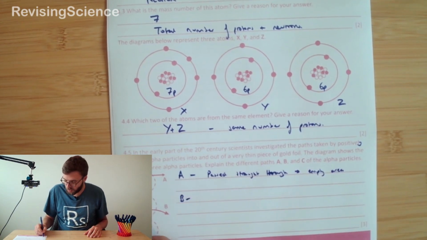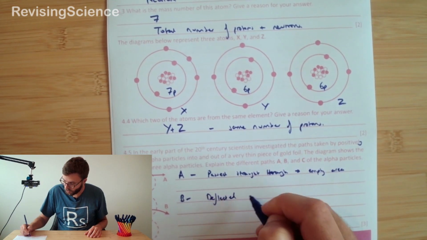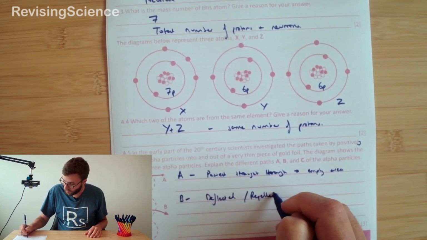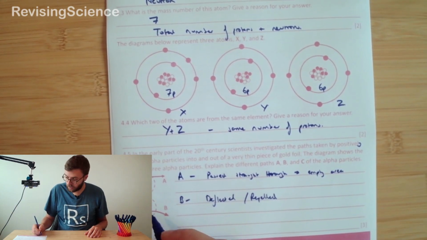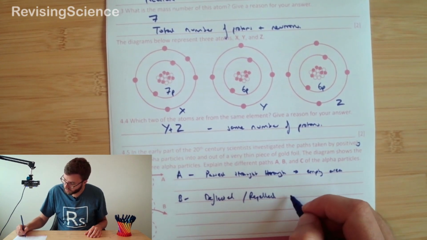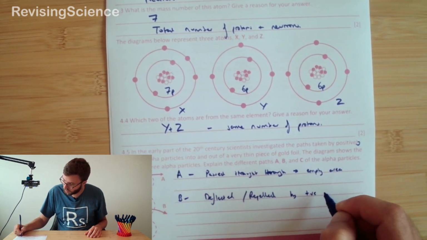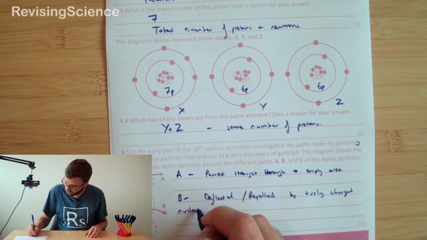In B, you can see that they've started to be deflected or repelled, and that's because we've got the positive charge of the nucleus repelling the positive charge of the alpha particles. So deflected or repelled by the positively charged nucleus.